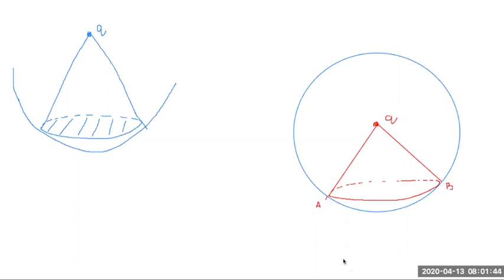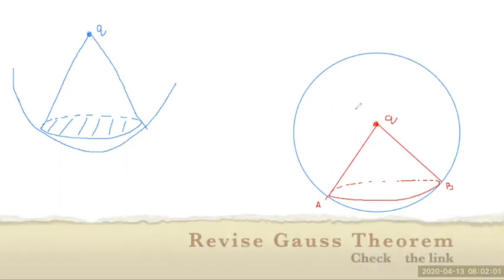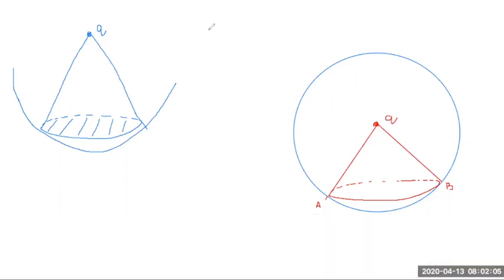So if we calculate the flux passing through this AB part of the sphere, that will be our answer. So how to calculate that? Now we know that the total flux passing through the whole surface of the sphere is Q by epsilon naught. This is from Gauss law.